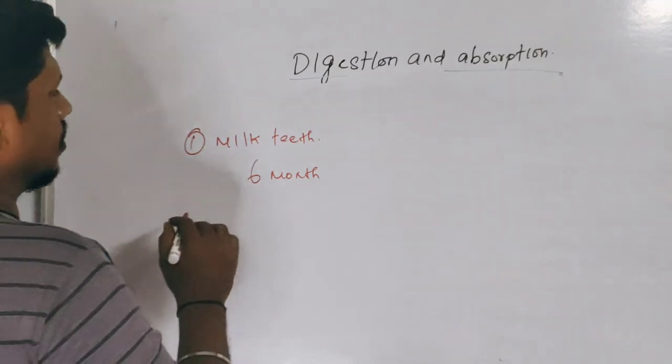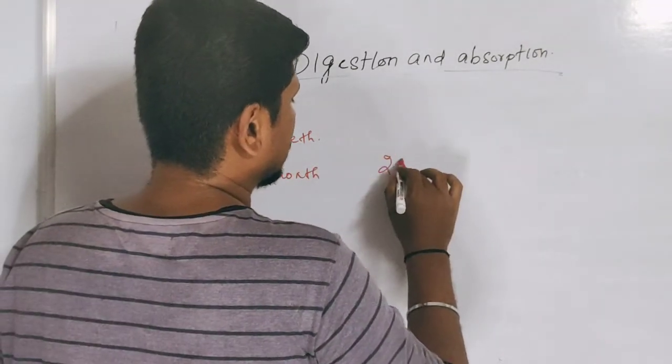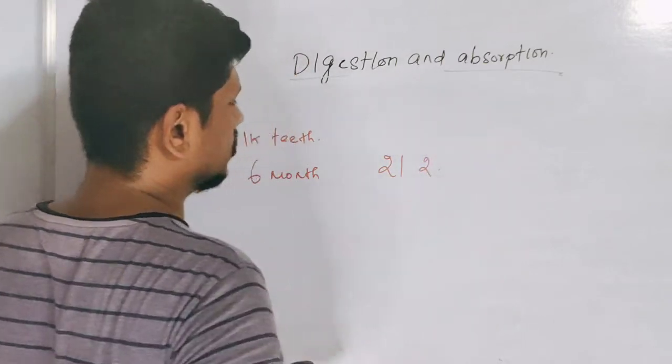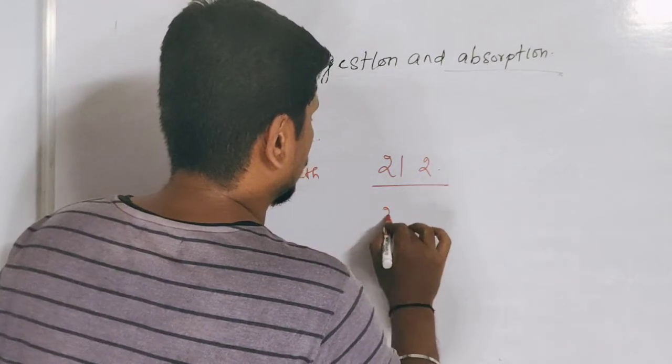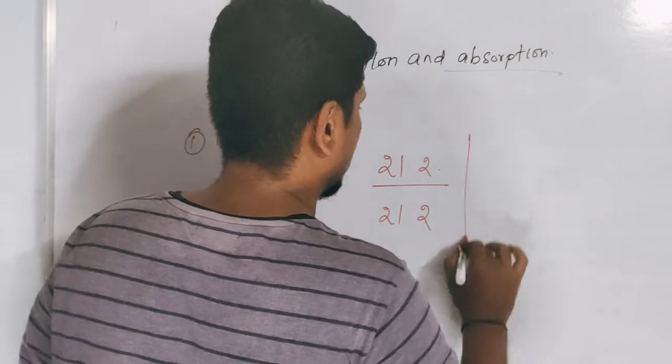Clear? And one more thing. This milk teeth we can consider as 2-1-2. Just you can write 2-1-2.